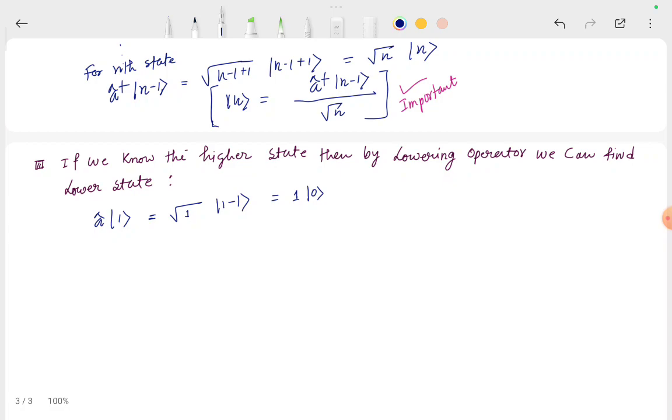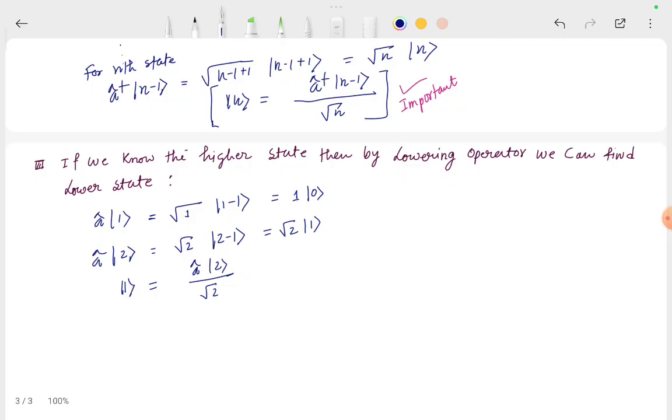Now the lowering operator acting on state 2 equals root of 2 times 2 minus 1, so that equals root 2 ket 1. So ket 1 equals a acting on ket 2 upon root 2.